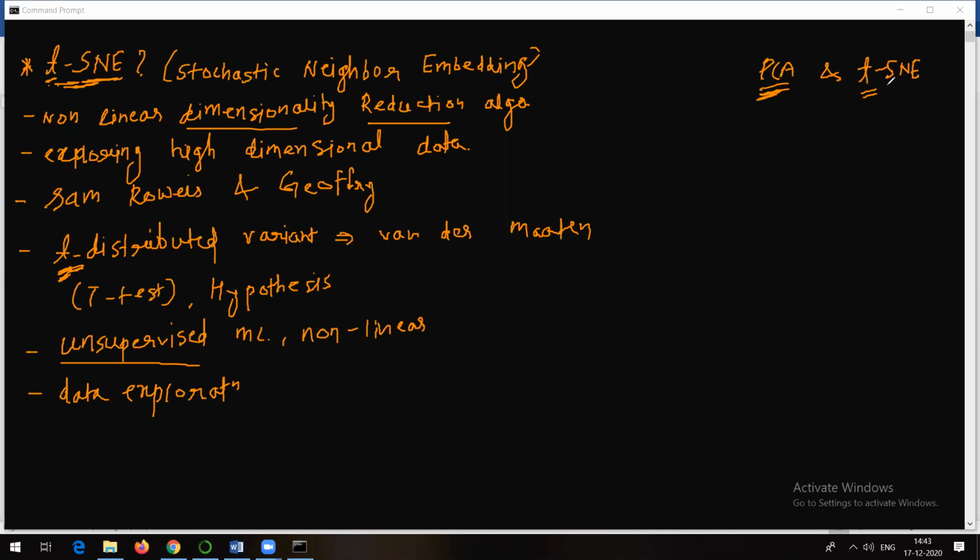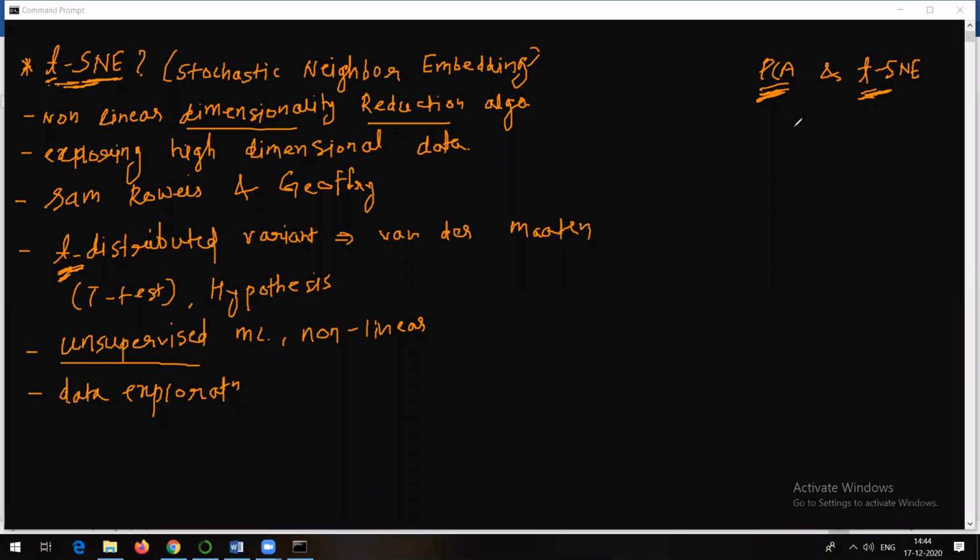Now, if you compare PCA and t-SNE, PCA does not work as well as t-SNE in some cases, and t-SNE is one of the best dimensionality reduction techniques. We will see how it differentiates, but generally that's what happens.